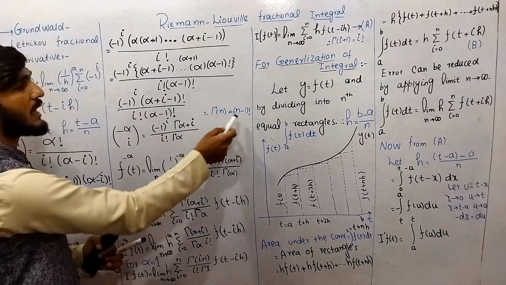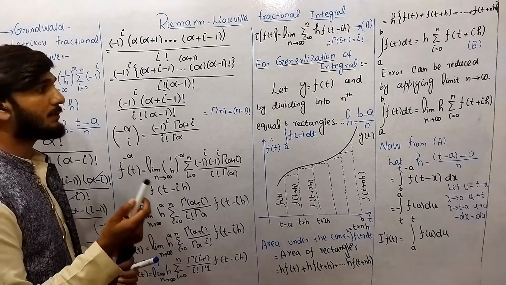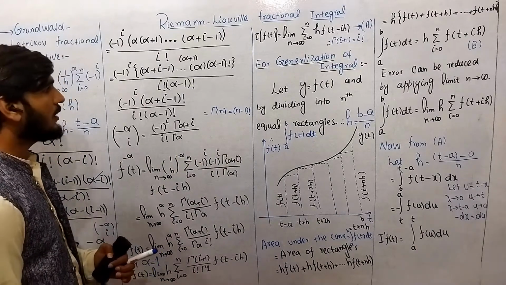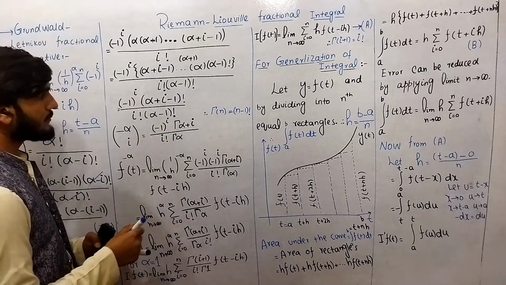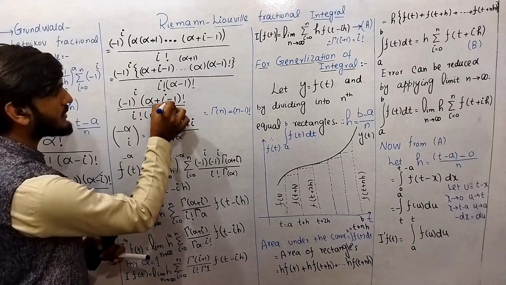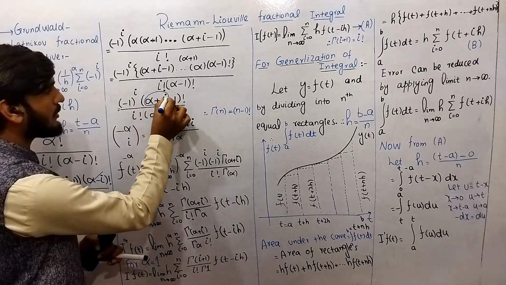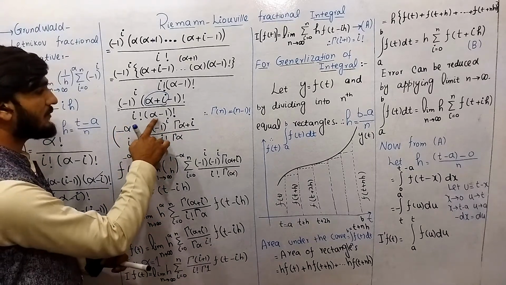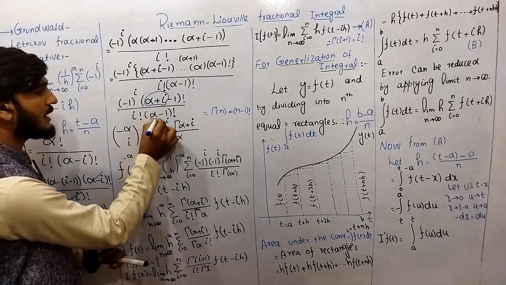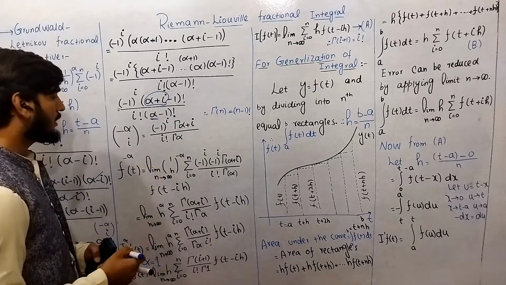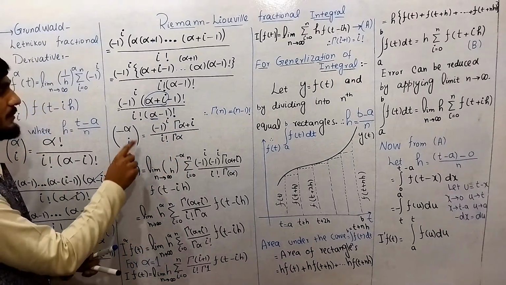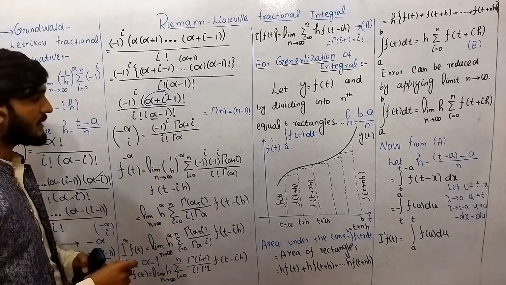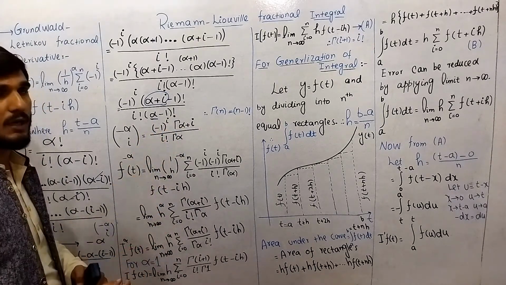By using the definition of the gamma function as described in the previous lecture, gamma of n is equal to n minus 1 factorial. So we can write this as the gamma of alpha plus i, and the factorial in the denominator is alpha minus 1, which we can write as gamma of alpha. So the combination of minus alpha and i will be equal to minus 1 raised to the power i, gamma of alpha plus i over i factorial and gamma of alpha.